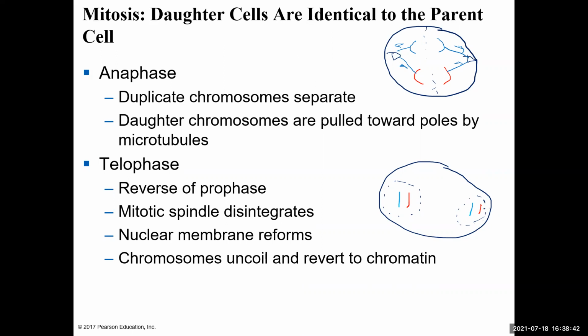The mitotic spindles, right, so these structures will disintegrate, and then the chromosomes will uncoil, they'll uncondense, and then they'll revert back to the chromatin. Okay, and so after that, after telophase happens, then you get cytokinesis.